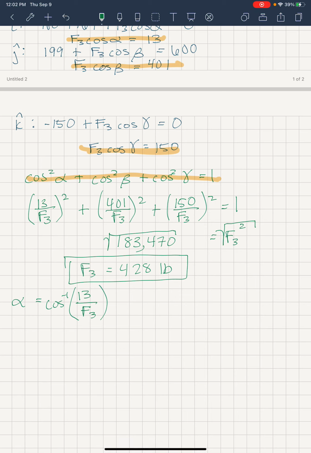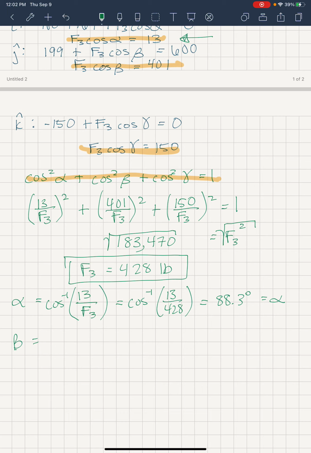So it's just rearranging this formula here. And so alpha is the cosine inverse of 13 over 428. And that gives us 88.3 degrees equals alpha.